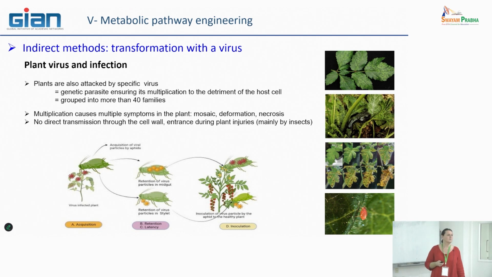It's quite easy to see when your plant is infected, but it's generally too late to apply several things to try to disrupt the infection. In fact, it is always too late. The only solution we have is to cut, to eliminate.